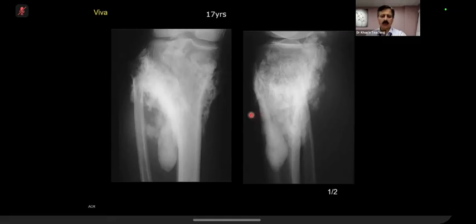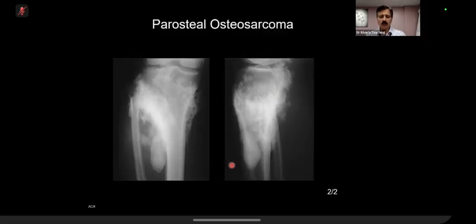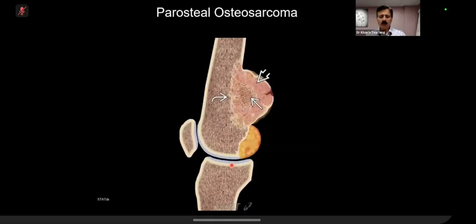Right. So the point is that this is an Aunt Minnie case, very important for the exam. And Aunt Minnie cases are, if you see them, you are never going to forget them. And if you don't see them, you are always going to be very confused. This is a parosteal osteosarcoma. Now, in parosteal osteosarcoma, what happens is that this arises next to the periosteum.